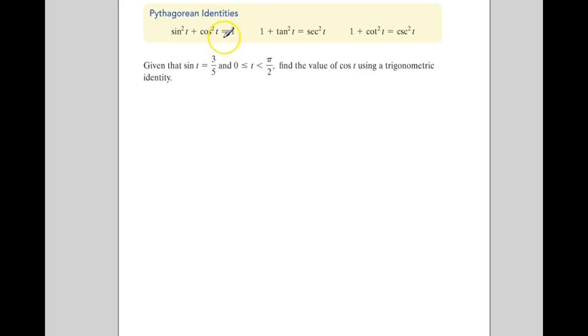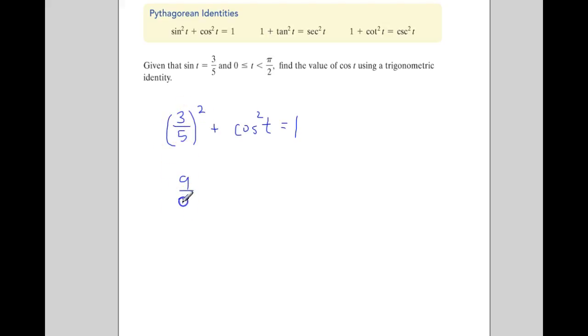All right, now how might I use those? Well, notice right here I've got sine t equals 3/5, and that's being squared, plus cosine squared. That's the sine squared, right? Plus cosine squared equals 1. All right, I can square both of these. Square 3, I get 9.